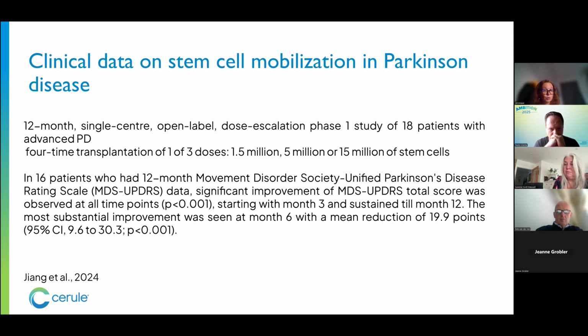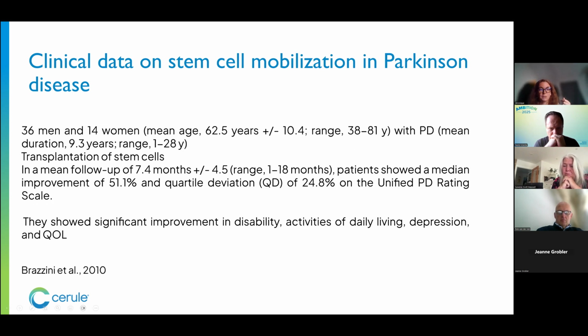There is an improvement in the total score that leads to a significant improvement in symptoms, both motor and non-motor, observed at all times, starting after 3 months and sustained after 12 months. The most substantial improvement was observed at month 6, with a mean reduction of nearly 20 points. That is really a clinically relevant difference.